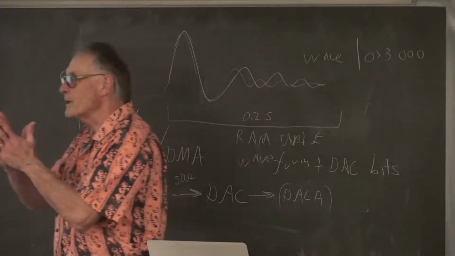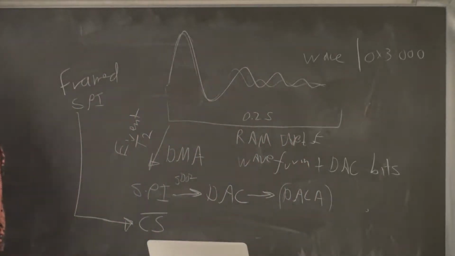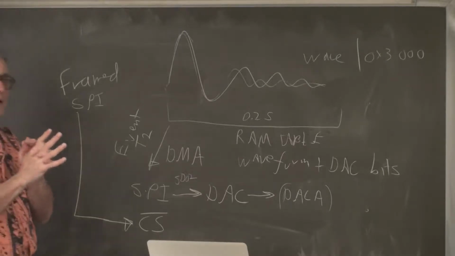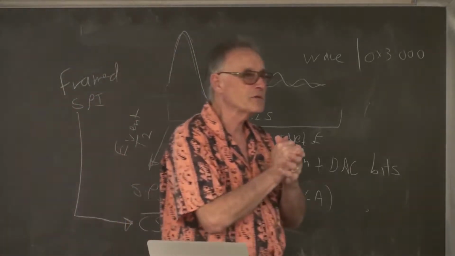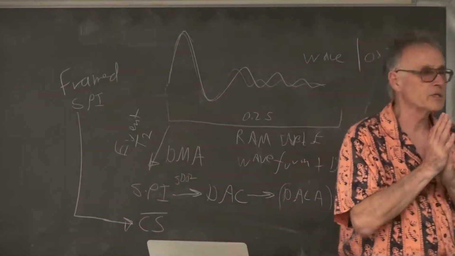Let's say you wanted to play stereo out of DAC A, channel B, and channel A and channel B. You wanted to play stereo. How would you set up the table? Or is it possible?